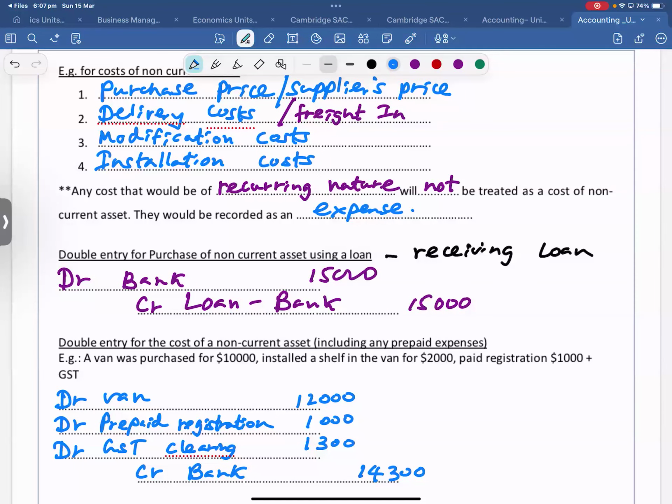Say it's a laptop from another country, and I'll have delivery costs. Shipping, freighting. So it'll be the cost of the laptop plus the freighting, and that is the value of the laptop I'll report in the balance sheet.